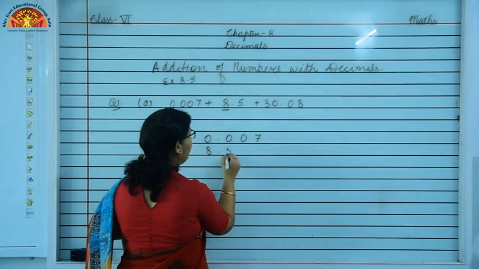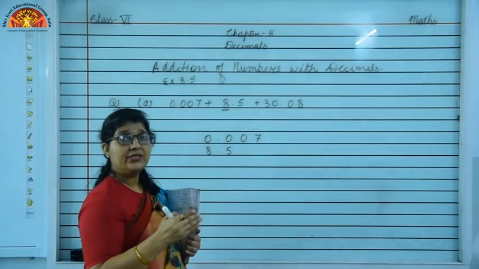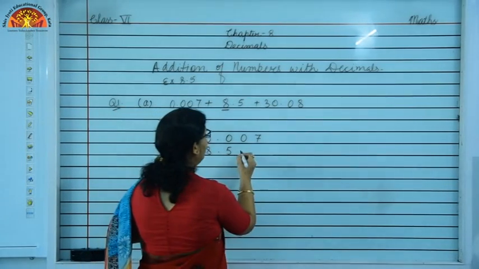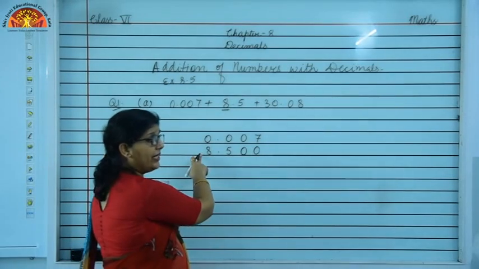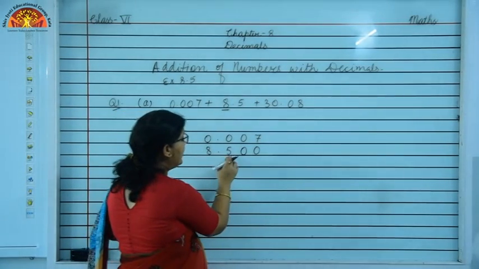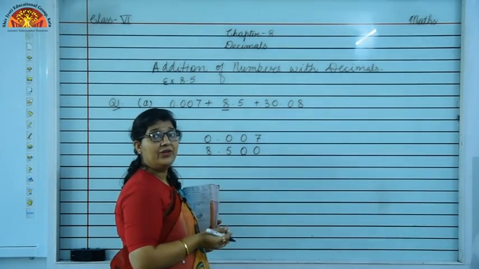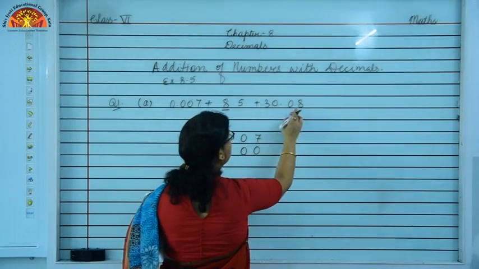So we write 5 here and we convert into like decimals by putting zeros at the right side of the decimal part in the number. So we put 0 and 0. Understood? We already discussed earlier that putting zeros on the right side in the decimal part does not change its value. Understood?